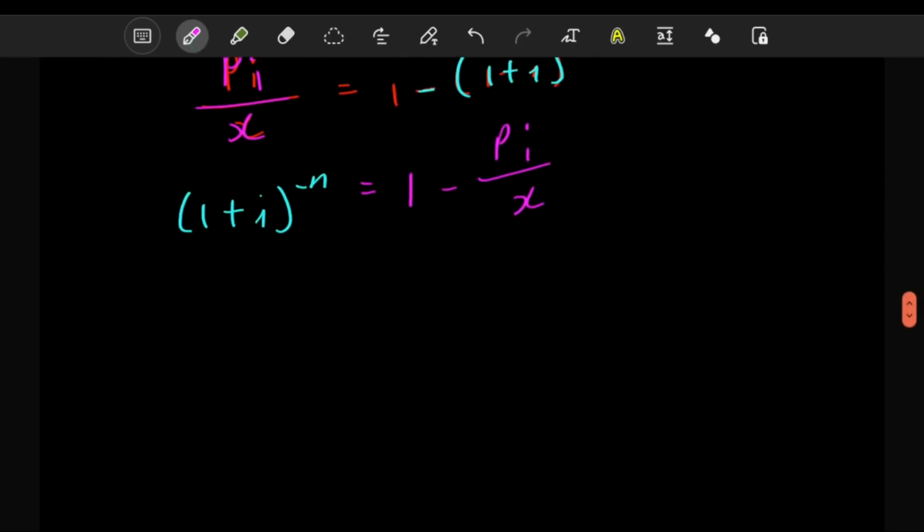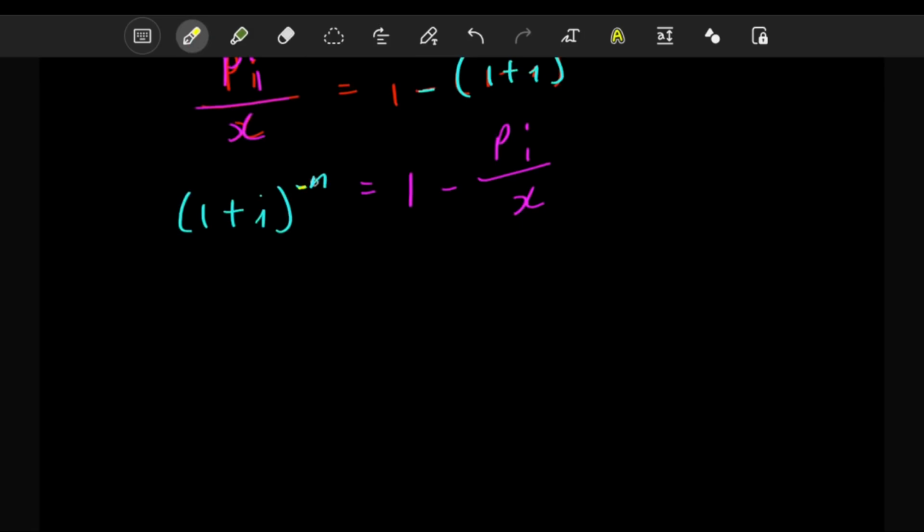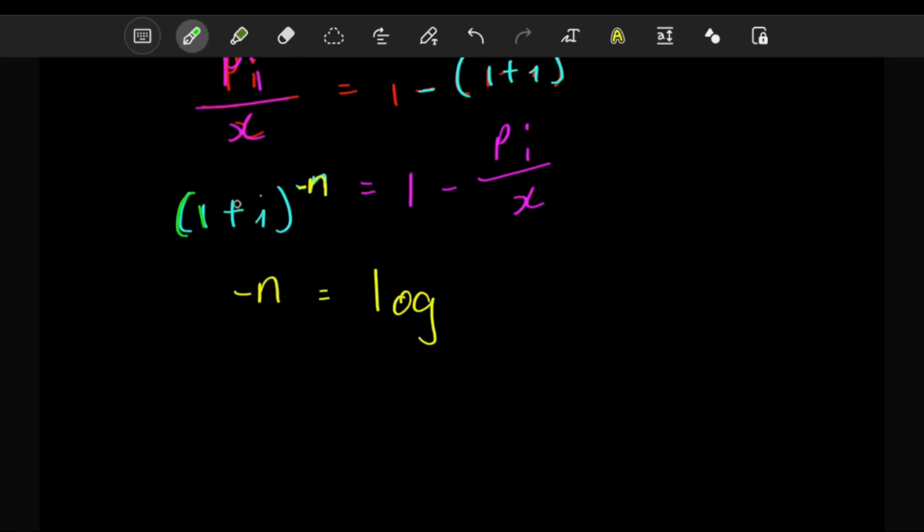And then now we can isolate n, because remember, n is the exponent. Isolating n is a matter of making the base of the exponent the base of the log as well. So the base of this exponent is just the base of your log, and your value is still the 1 plus p times I, the whole thing over x.